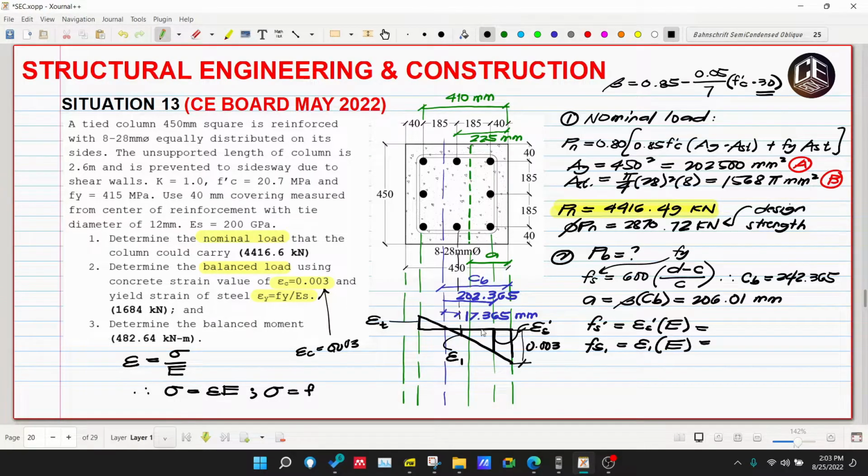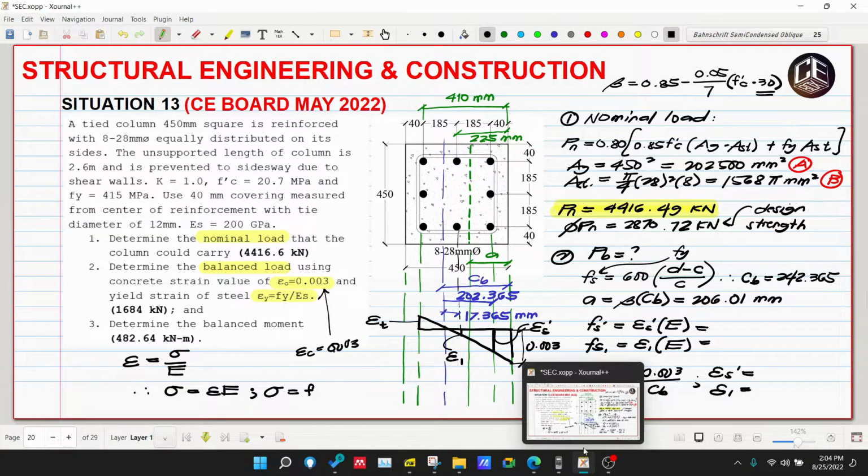Yes, di pa natin na-solve tong mga to, no? So, by ratio proportion, ES prime over 202.365 is equivalent to 0.003 over yung CB. Tapos, doon naman sa ES1, ang gagamitin natin na distance is 17.365. Kaya, makukuha natin ang ES1, ES prime, and E1.